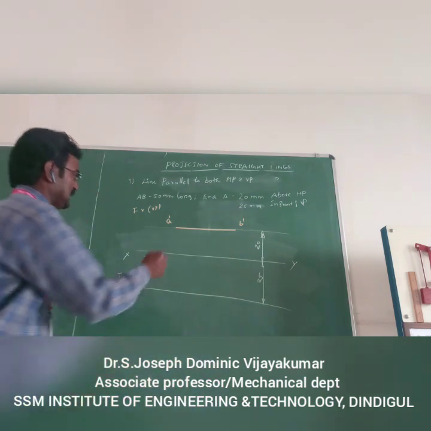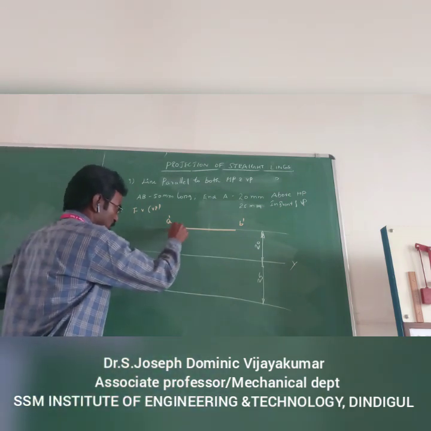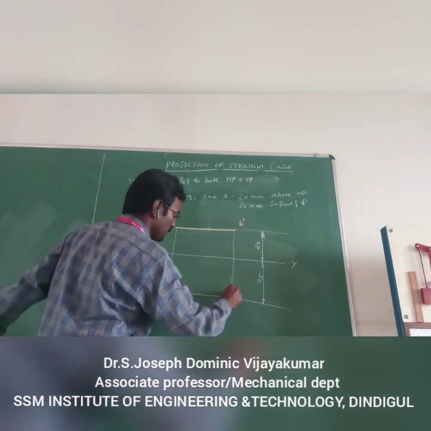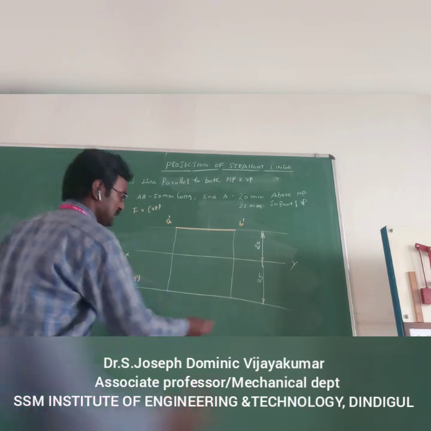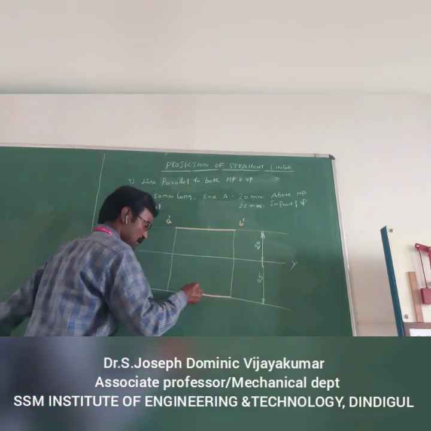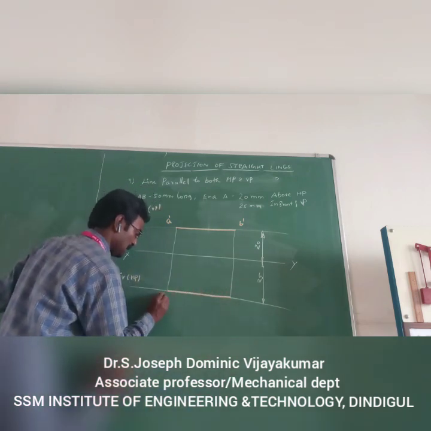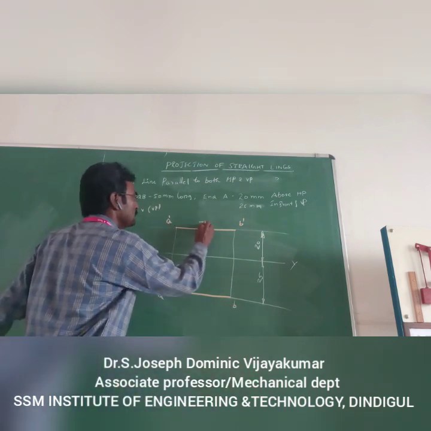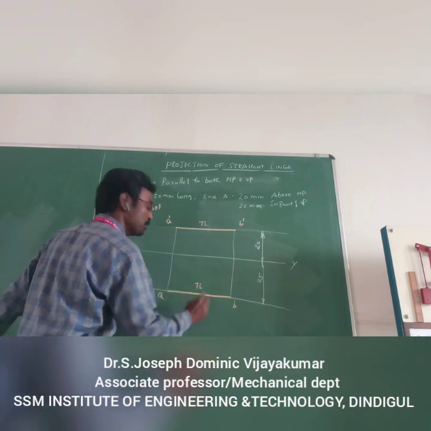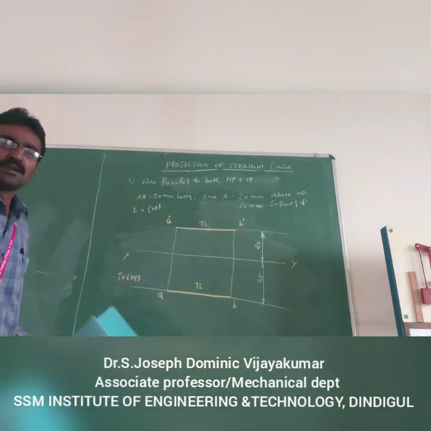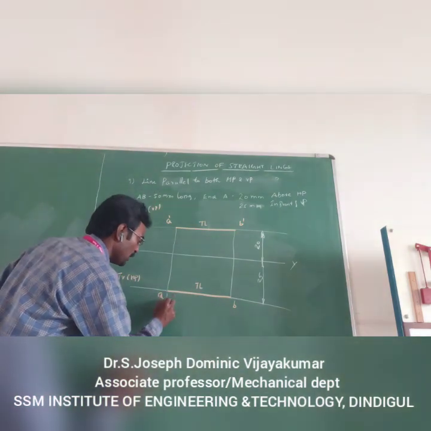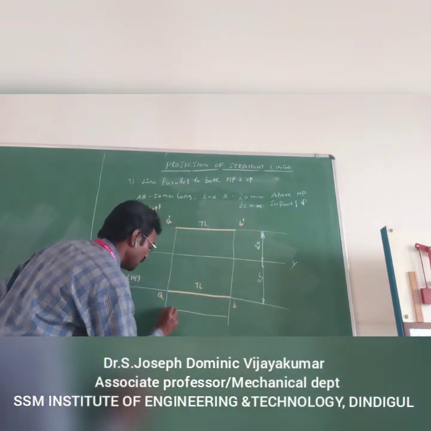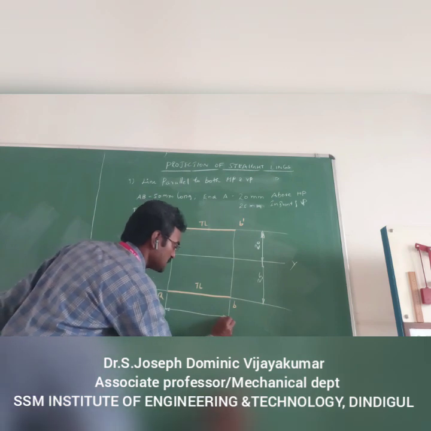Now the front view line is projected to the vertical plane. That line A and B is the true length. The true length dimension, 50 mm, is also to be noted in your answer script.